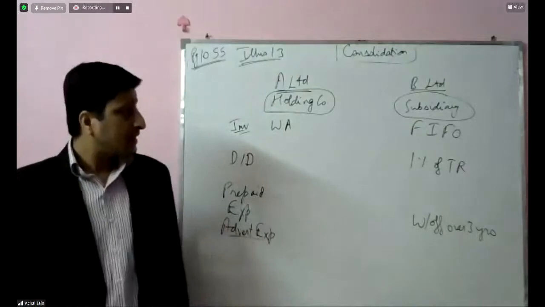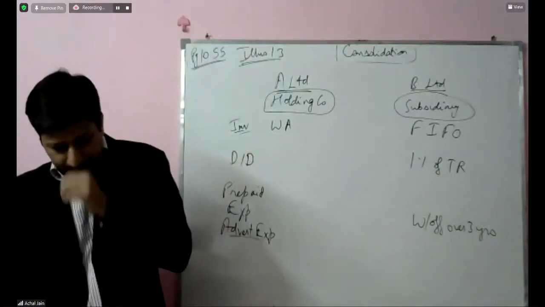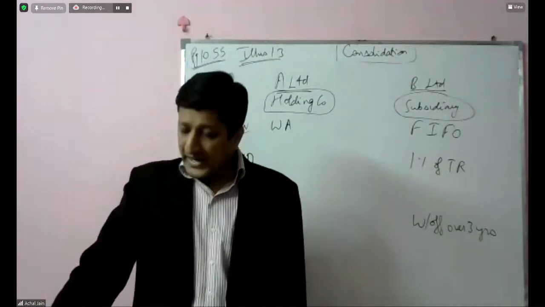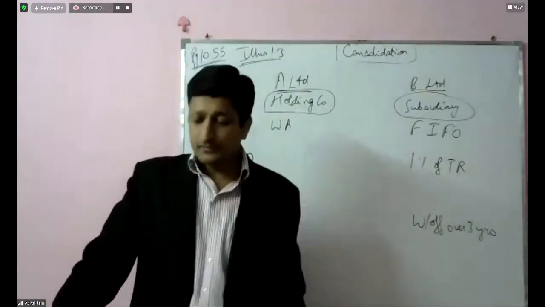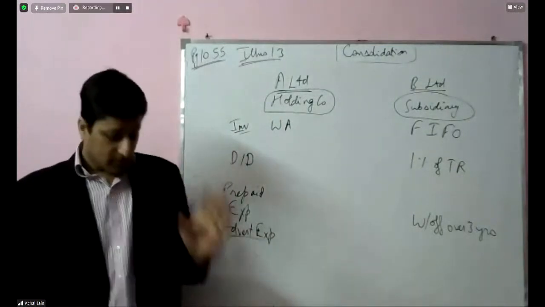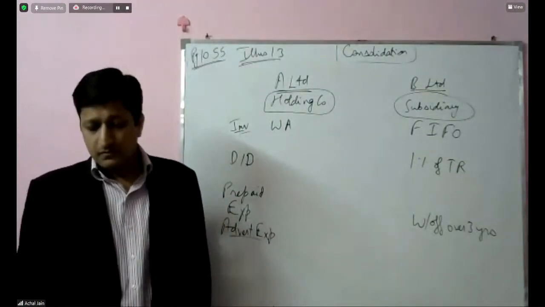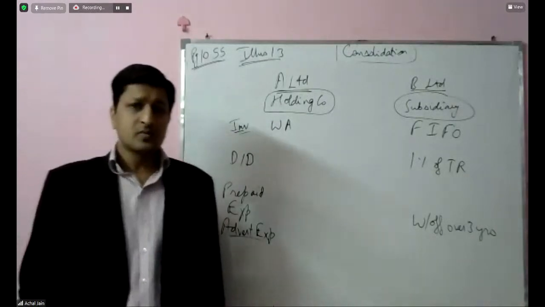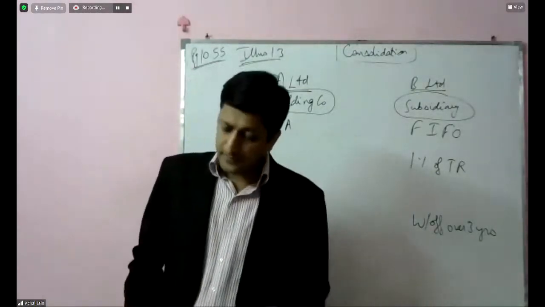This is being written off over 3 years. Similar amount of advertisement expenditure of A Limited has been fully written off. So A Limited charges it in the year of incurrence. This seems to be the correct accounting policy. No problems. We'll have to make all of these adjustments.